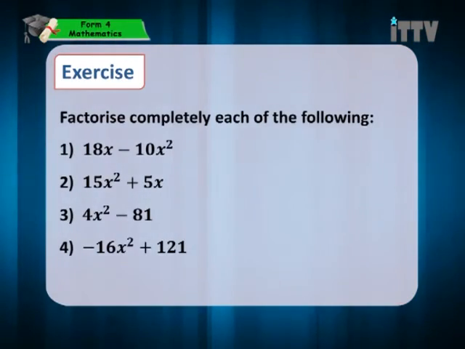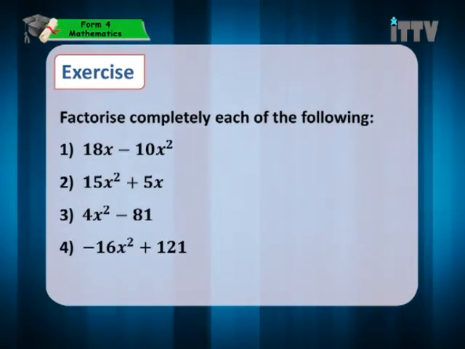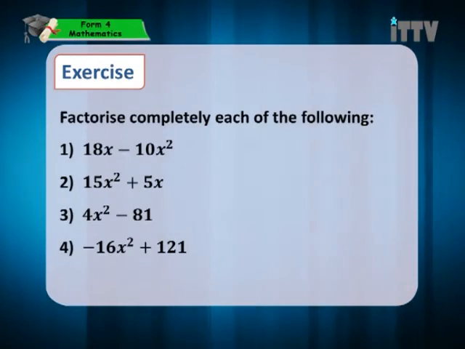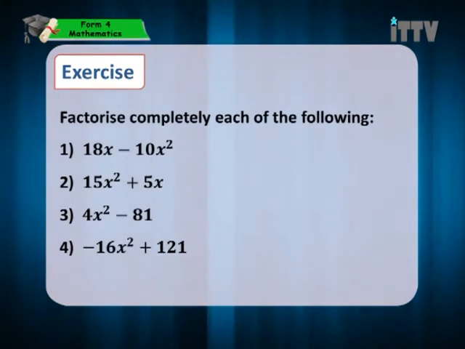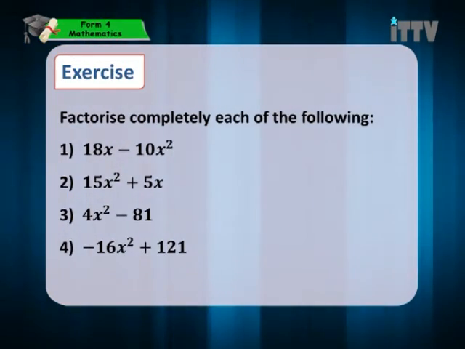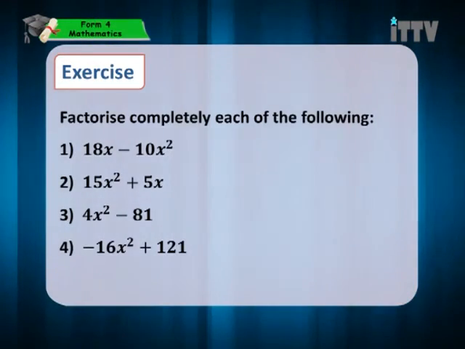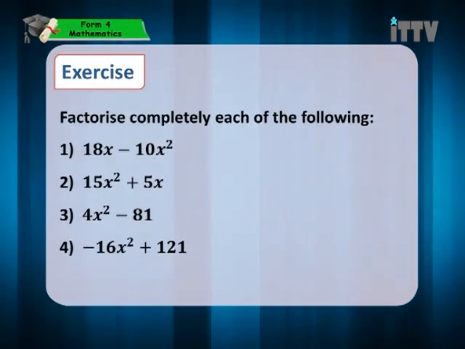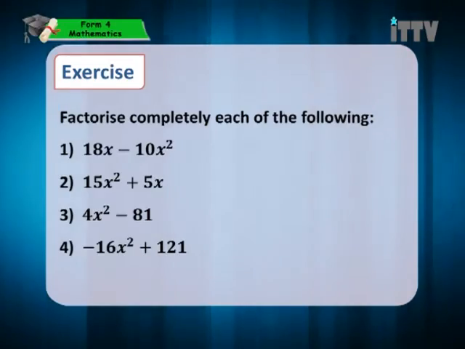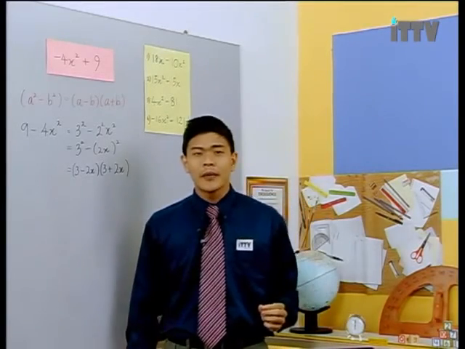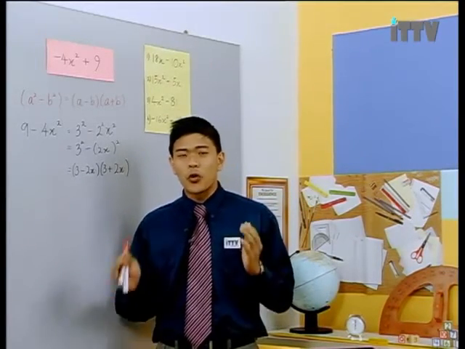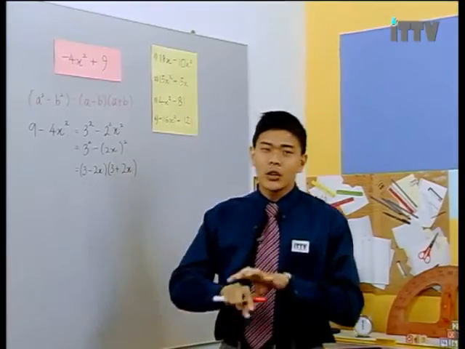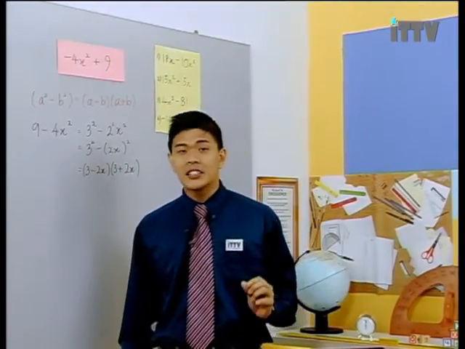Alright, now our next exercise: factorize completely each of the following. Let's do this together. Remember, the key word here is factorize. Factorize means splitting a quadratic expression into two linear algebraic expressions.